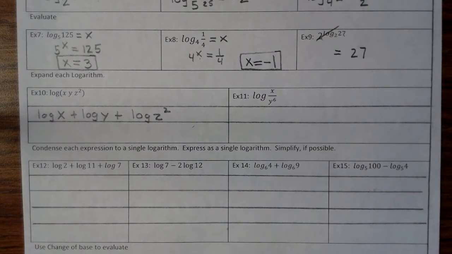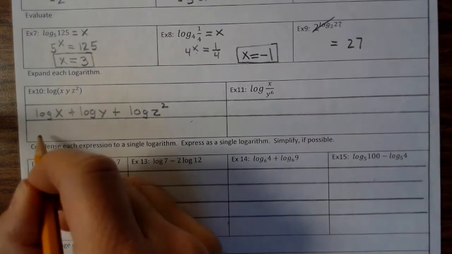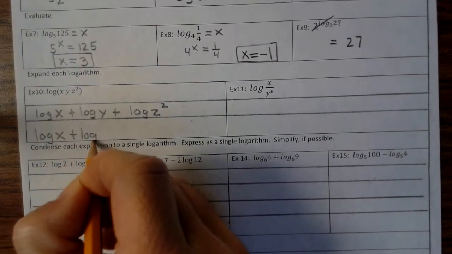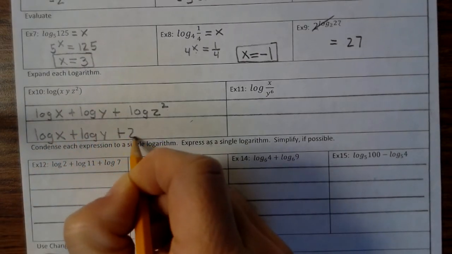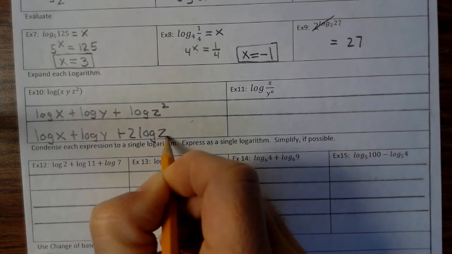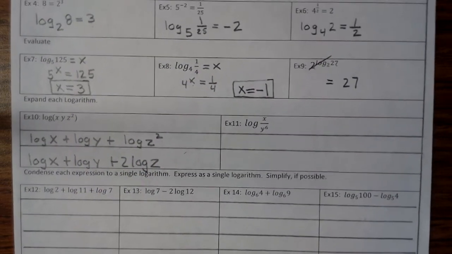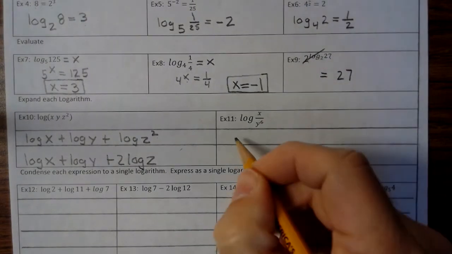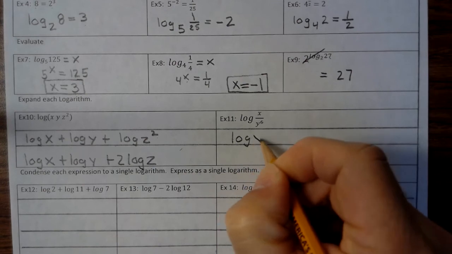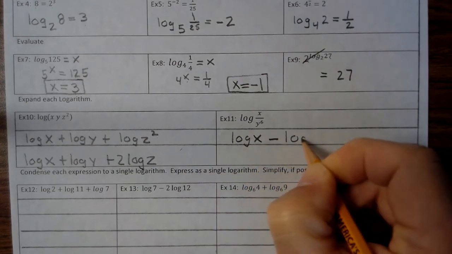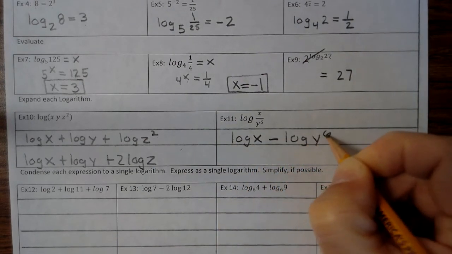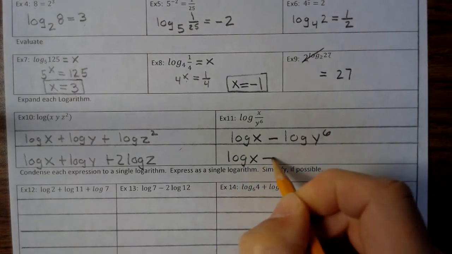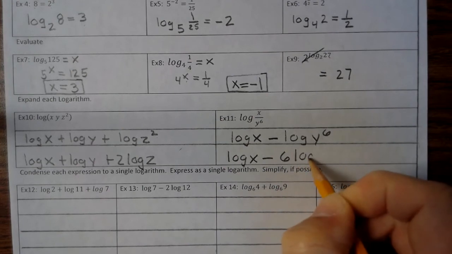And the last thing we need to do is we know that the exponent goes to the front, so then that's log of x plus log of y plus 2 log of z. Okay, example 11. This is log of x minus log of y to the 6th power, which then becomes log of x minus 6 log of y.